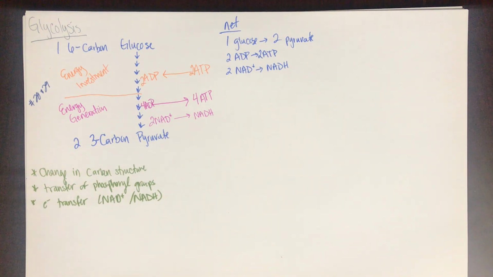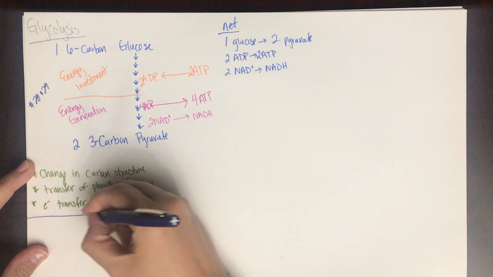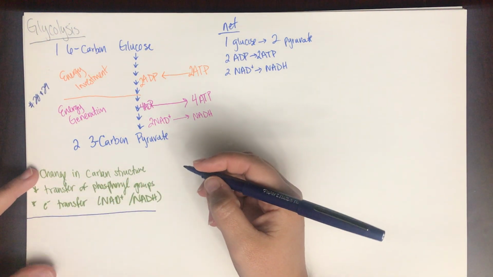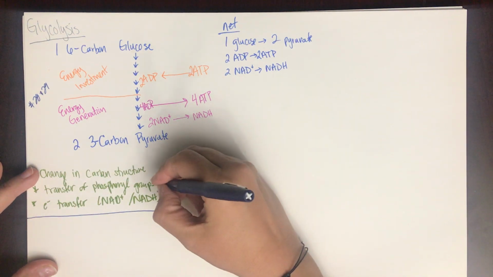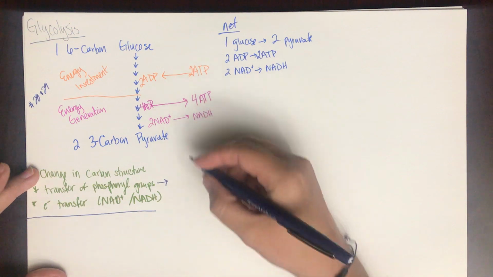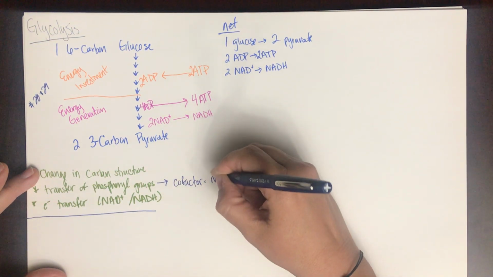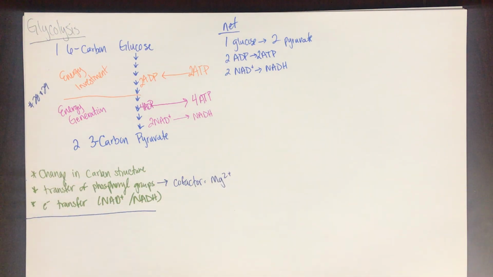One thing that I want you to pay attention to is that anytime you have an enzyme that is involving the transfer of a phosphoryl group, anything that's making ATP or ADP, you're going to need a cofactor of magnesium.